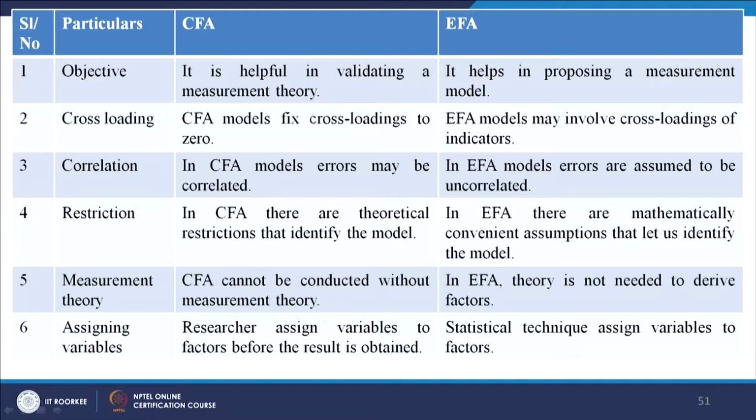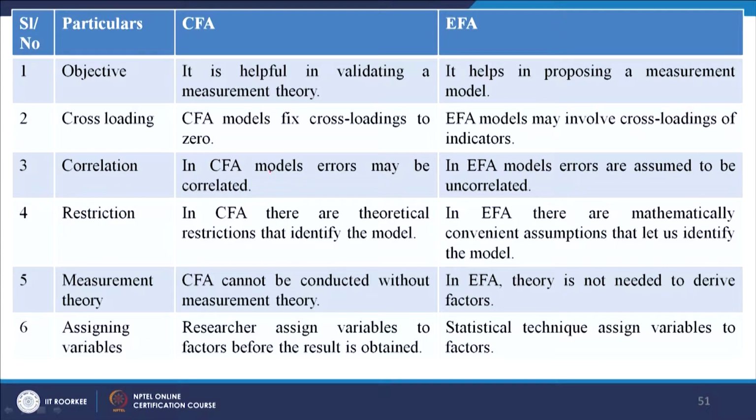Cross loading: CFA models fix cross loadings to 0, so there is no cross loading as such, but EFA models may involve cross loadings of indicators, as we have seen. In CFA models errors may be correlated. What is the error term? In earlier classes I have explained, error terms are nothing but the unexplained variance.